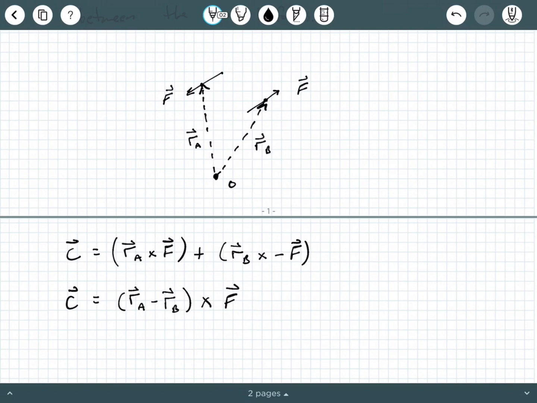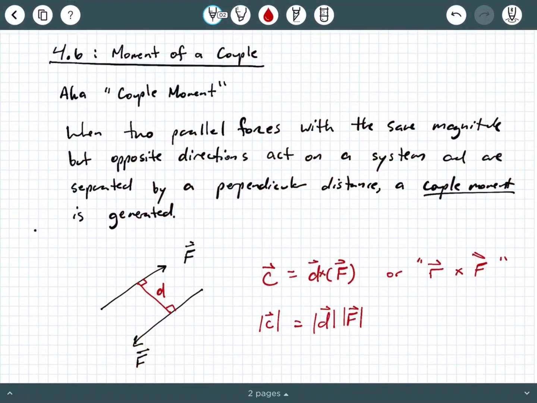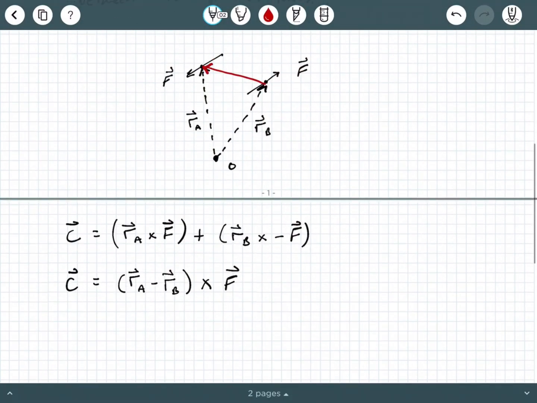And what next? Well, you may be like, oh, I'm kind of stuck here, but look at the relative distance between these two corresponding points between the parallel force vectors F. If I call this position vector just regular R, then I can write RA equals RB plus R. That's just a vector sum.